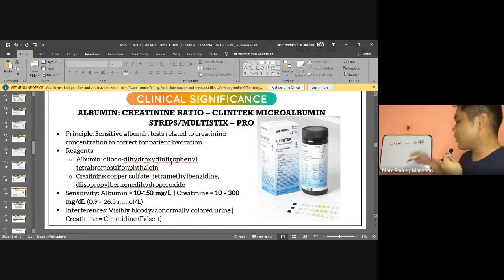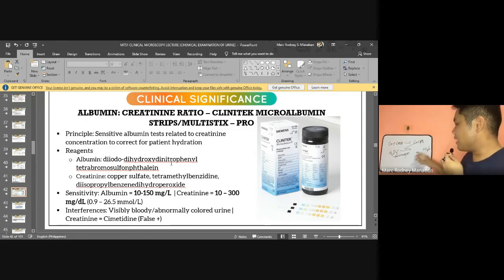All right. Now, this copper creatinine complex will serve as the peroxidase. The peroxide is your diisopropyl benzene hydroperoxide. The copper creatinine complex will serve as the peroxidase, so it reduces the H2O2 peroxide, which will now produce water, all right?